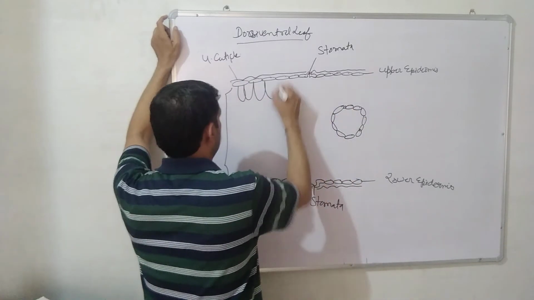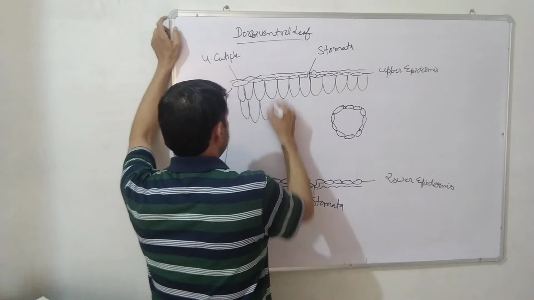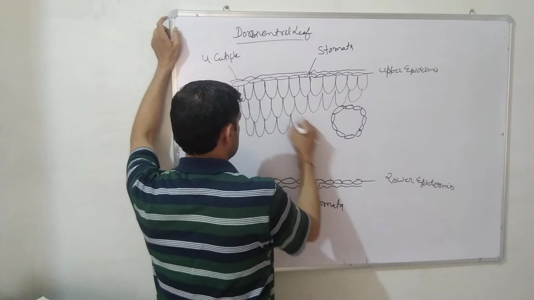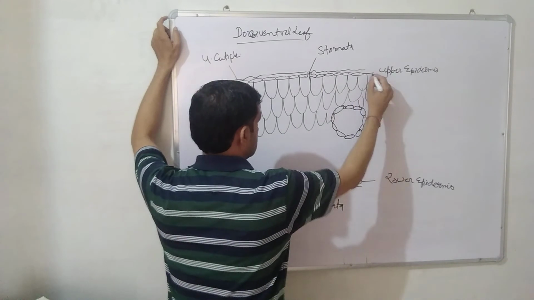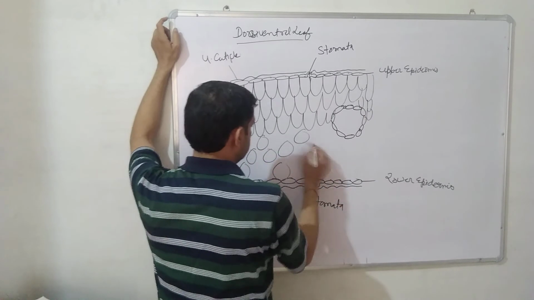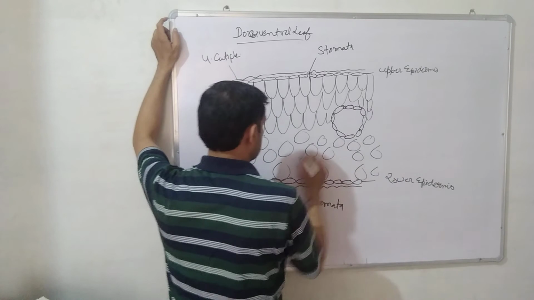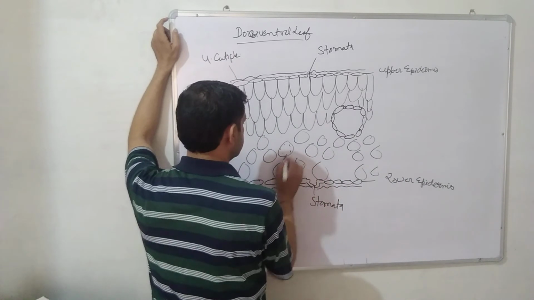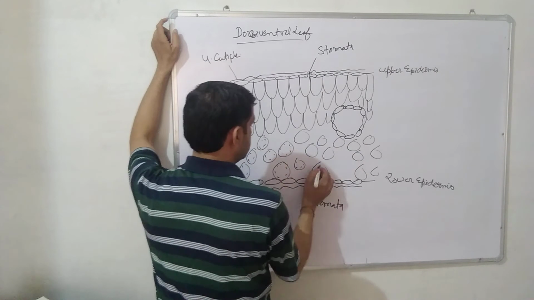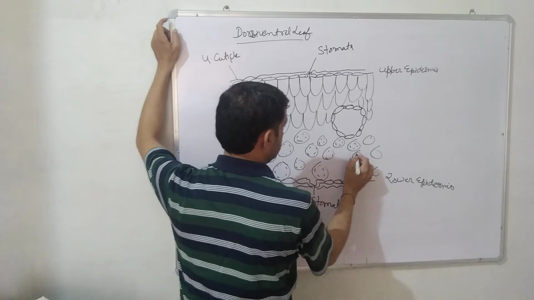Here these are the palisade tissue, and on the lower side there is spongy tissue, and both spongy tissue and palisade tissue have chloroplast in them.